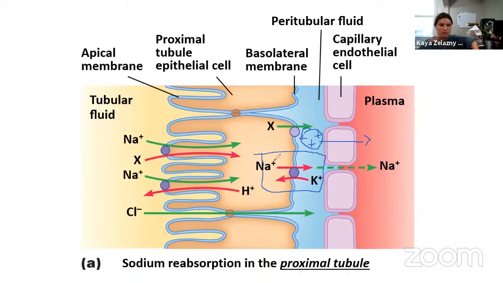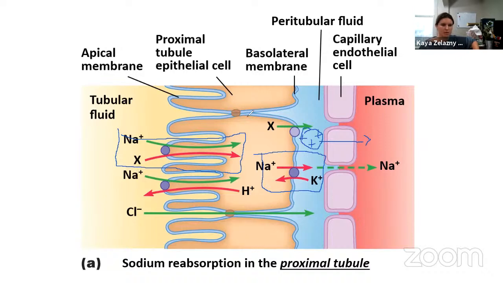Okay. Sodium reabsorption here is important in part because it's part of what is allowing us to move other things through our proximal tubule epithelial cells. Glucose was the thing we really focused on in the proximal tubule, so that's what X would be here.